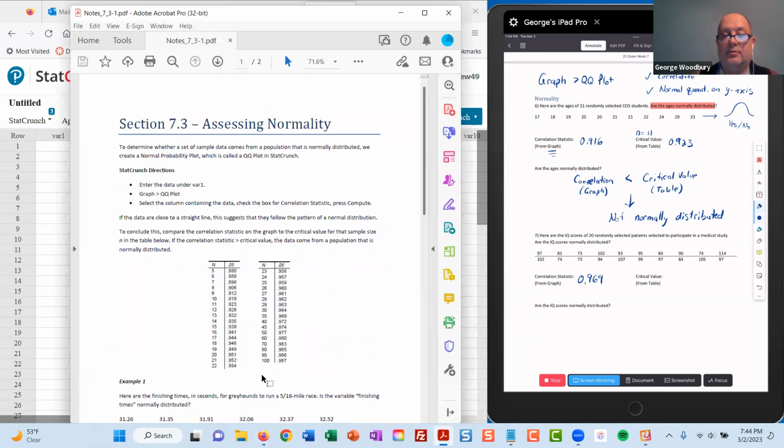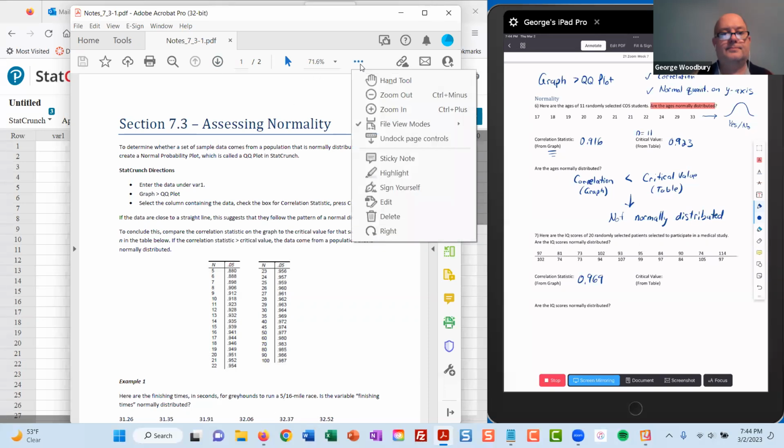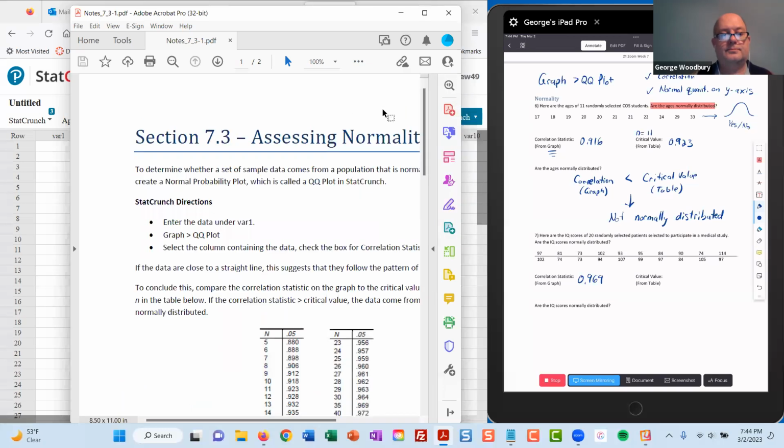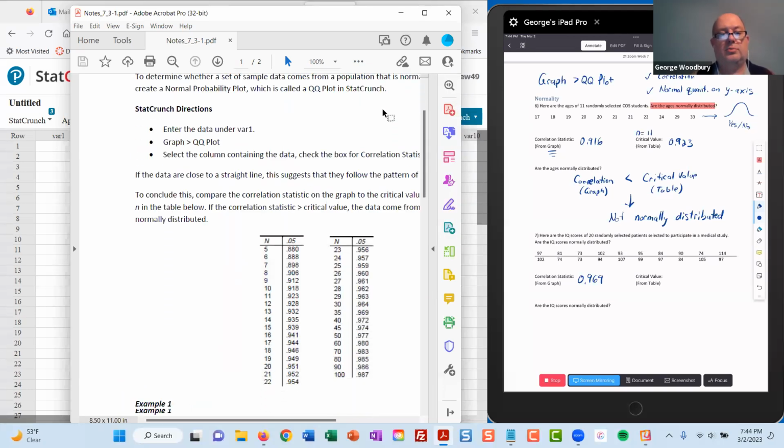If we look at the table for n equals 20, the number to beat is 0.951. So let's see. Let me zoom in a little bit.